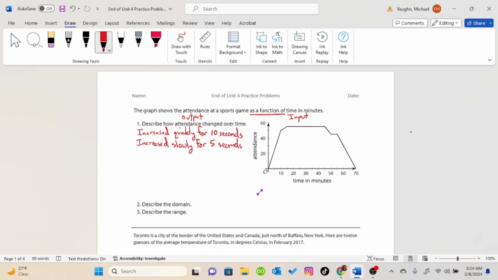Next, we see this long line segment that's completely flat. That means the attendance stayed the same. And that happens from 15 seconds until 45 seconds. So we'll say that it stayed the same for 30 seconds.